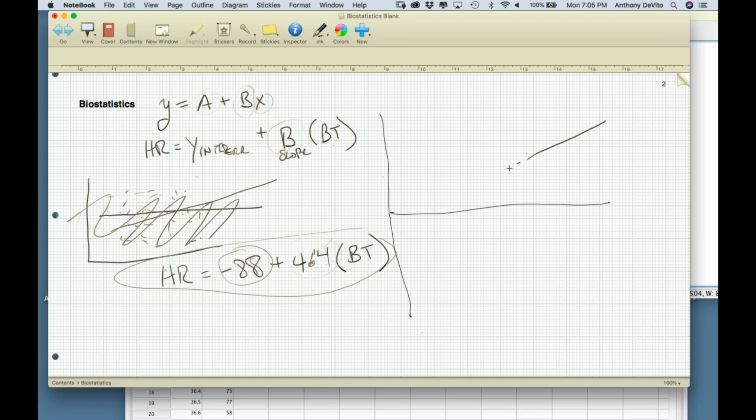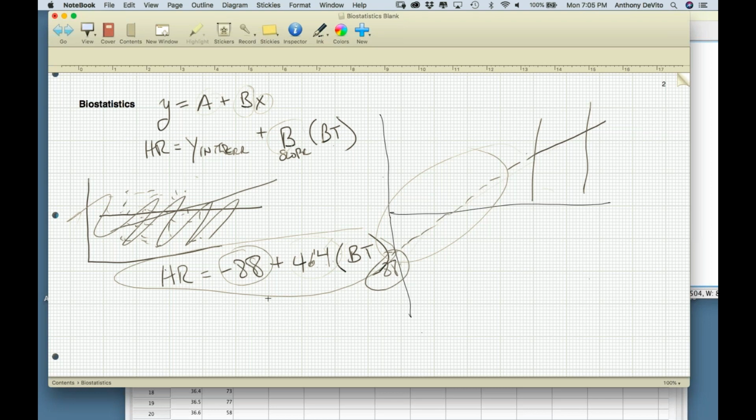If I extend this, the place where it crosses the y-axis is negative 88, right? Which really doesn't mean anything to us because we're only concerned about this area here. We're not attempting to make any other prediction, but we need that point so we know how to draw this line. We need at least one point. In other words, the intercept.